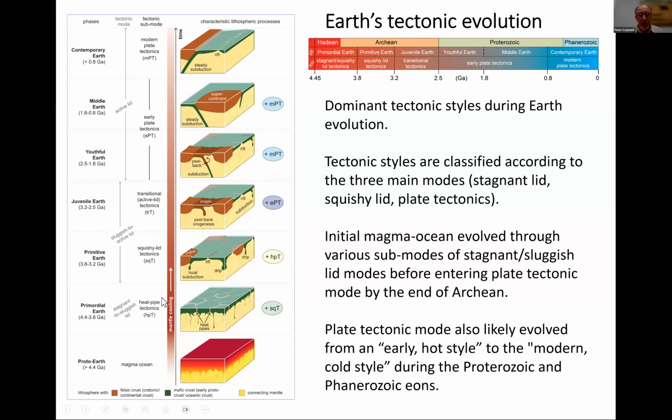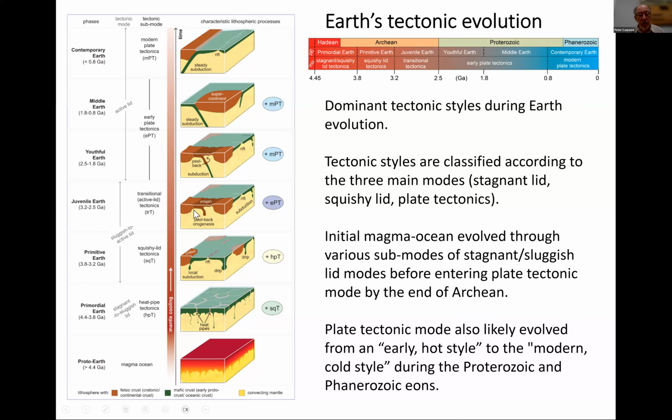We can't rule out that there was some squishy lid type activity going on locally, or stagnant lid locally with squishy lid. After 3.8, I think we start to see more widespread squishy lid type tectonics, which is coupling between the mantle and the lithosphere, but the lithosphere is continuing to show internal deformation through that coupling process.